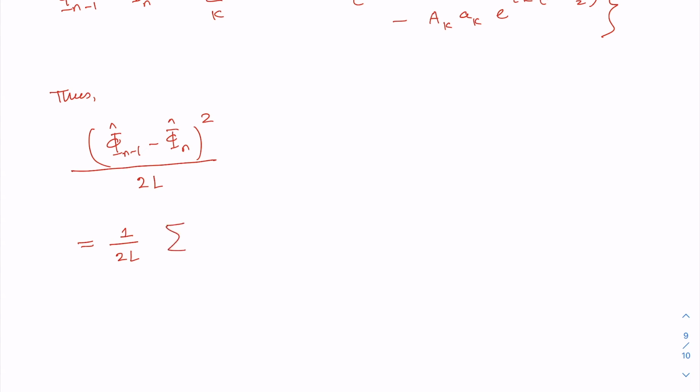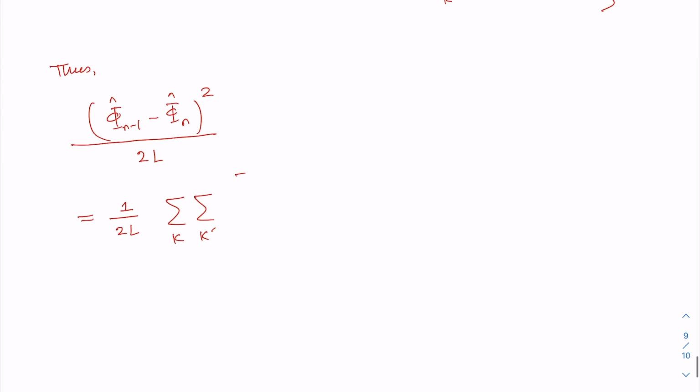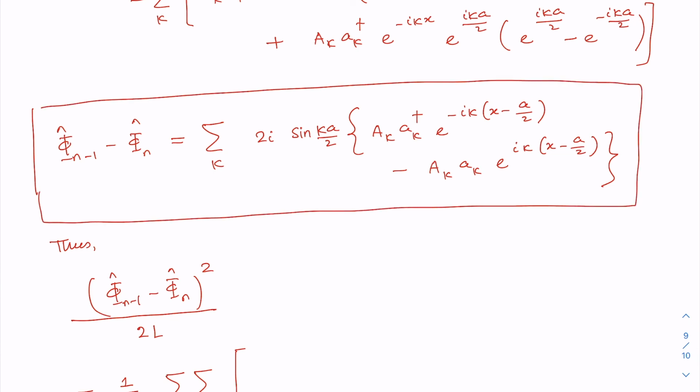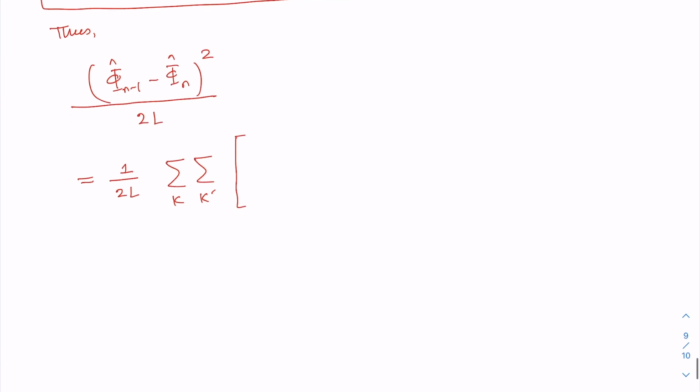Now I have to take two sums over k's, one is k, another one is k prime, and utilizing this expression I will get, let me write the full thing. You will have 4 minus 4 sine ka by 2 sine k dash a by 2.